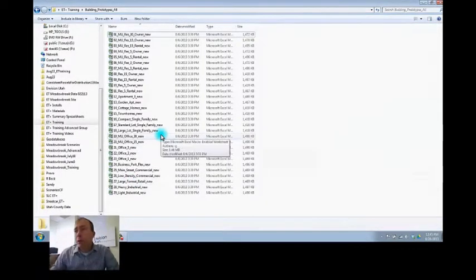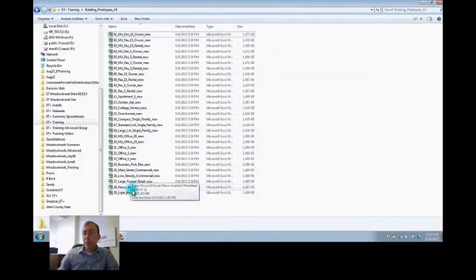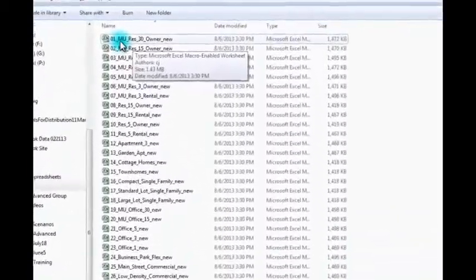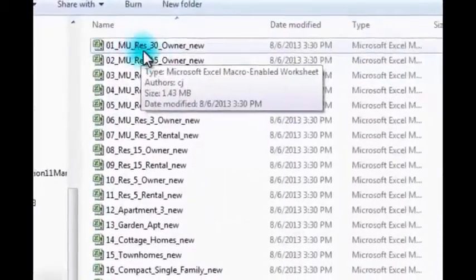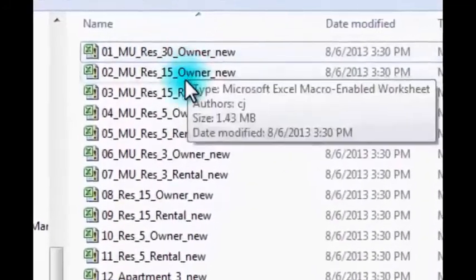So on my screen, as you can see, I have quite a few Excel spreadsheets. And what we have tried to do is come up with a building to represent each type of building that a developer could build. So let's decode some of these names. So this building on top would stand for mixed use residential 30-story owner building.